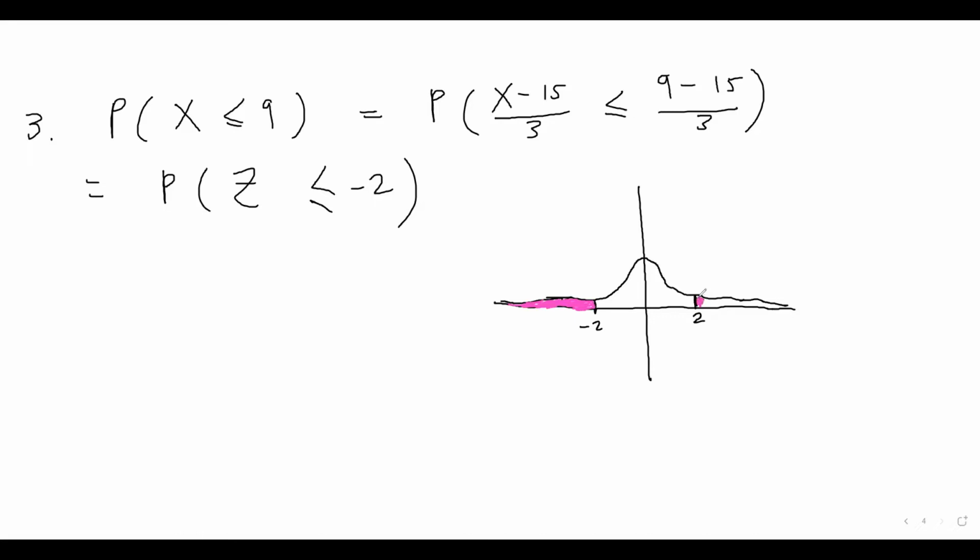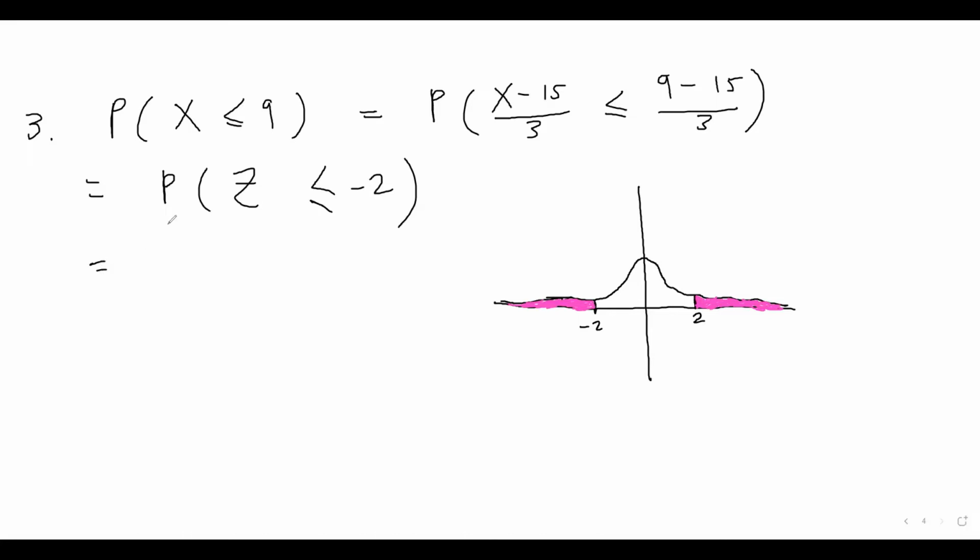This area here, I'm also going to shade in purple. The area between 2 and positive infinity is exactly the same as the area between minus infinity and minus 2. So we're going to find the one between 2 and positive infinity, because the table we're using is for the right tail.